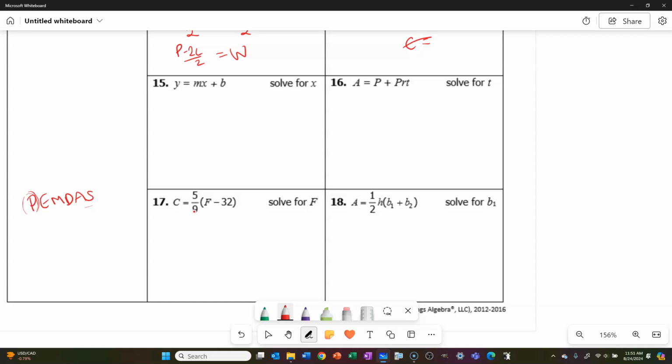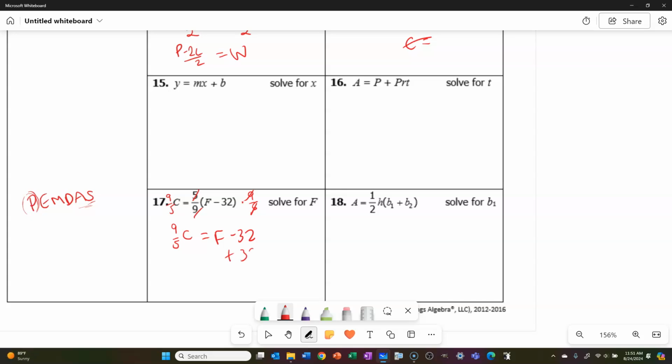I'm going to start with this fraction. I get rid of fractions by multiplying by the reciprocal on both sides. So that gives me 9/5 C, and these cancel out. And that will equal F minus 32. And then to solve for F, I need to get rid of the addition and subtraction.